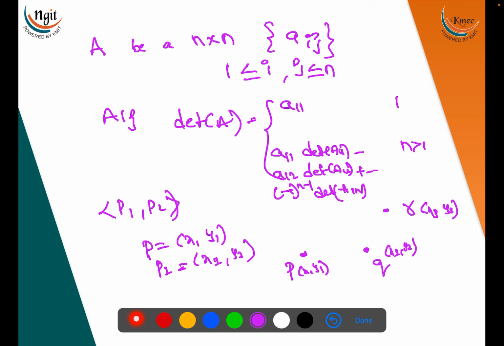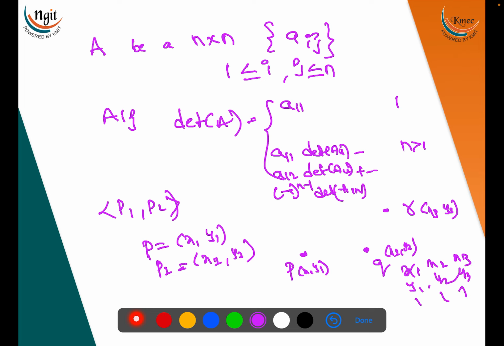Now, we say Q is to the left of P1 comma P2 if the angle P1 P2 Q is a left turn. An angle is said to be a left turn if it is less than or equal to 180 degrees, correct? We can check whether Q is to the left or right of P1 comma P2 by evaluating the determinant of the following matrix, that is x1, x2, x3, y1, y2, y3, 1, 1, 1.